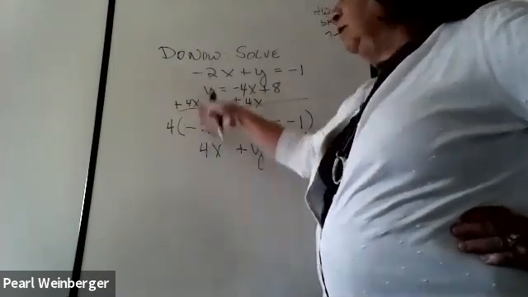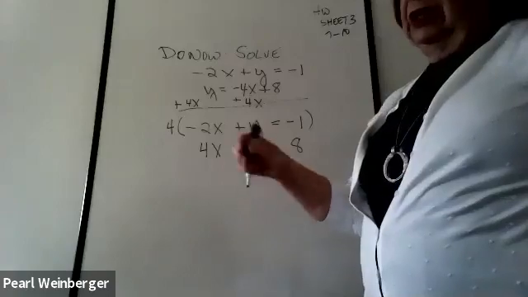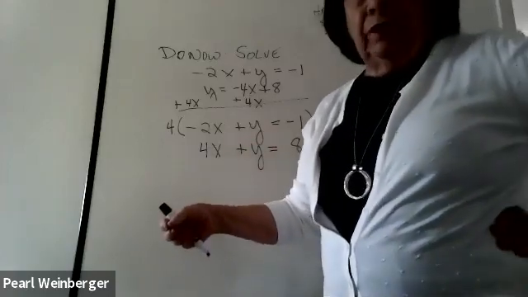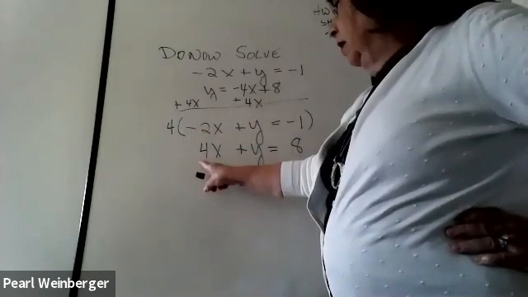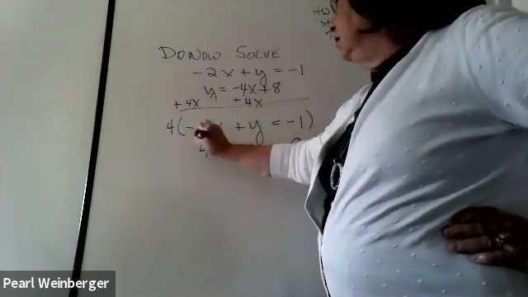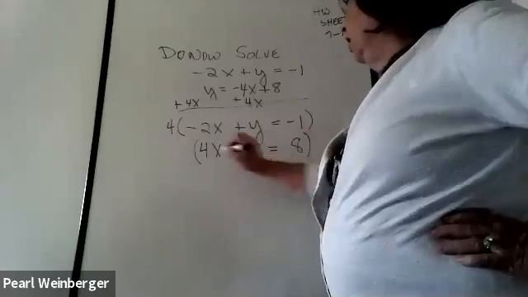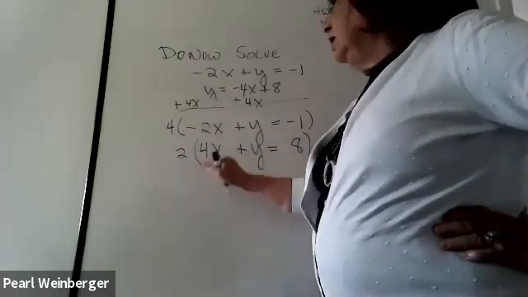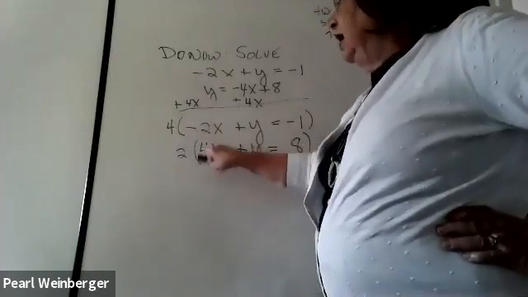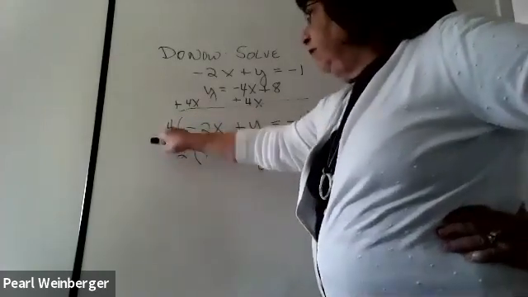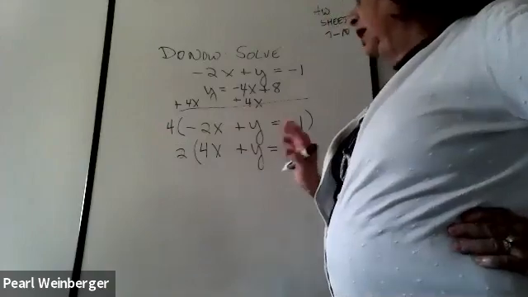Remember, you multiply them by their alternate, the other coefficient. The first by the coefficient of the second, the second by the coefficient of the first. Now notice, I don't use the minus sign. I just look at the numbers. I multiply the top equation by 4, the bottom equation by 2.